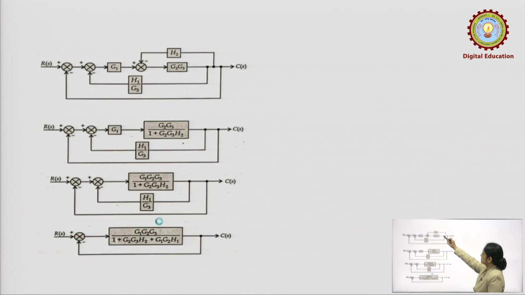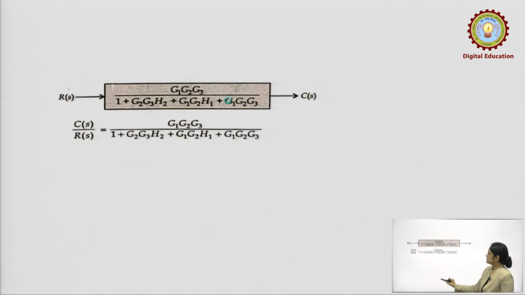So, this is how the blocks G2 and G3 are cascaded after moving the takeoff point here. We have 3 takeoff points here: one going to this part, another to the summing point, and one to the feedback loop. After this it has been treated with the feedback loop, and then this and this block in cascade, and then in the feedback loop, give us this value, and this is the final result here.